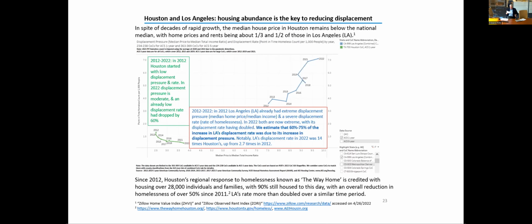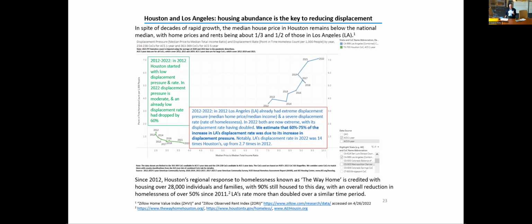And their displacement rate was just a little above 1, about 1.2, 1.3 in 2012. It's come down pretty steadily, including through the pandemic, and it's now down at about 0.6 or 0.7. And it declined further in terms of the absolute number in 2023.